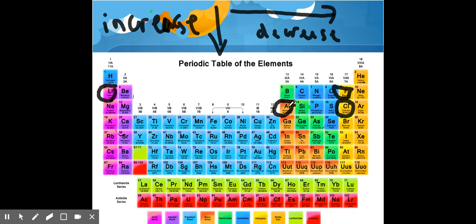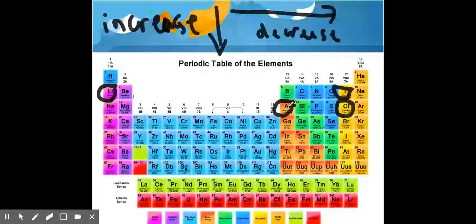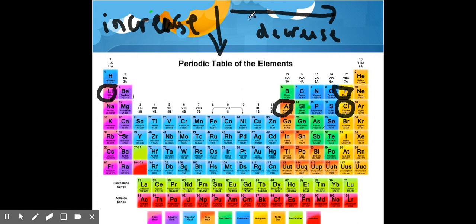So now we have to break the tie between aluminum and chlorine. So we know that atomic radius is decreasing across a period. So that means that chlorine would be smaller than aluminum. We would have a higher effective nuclear charge on chlorine, so it would pull that third energy level or third electron shell in tighter. So chlorine is smaller than aluminum.